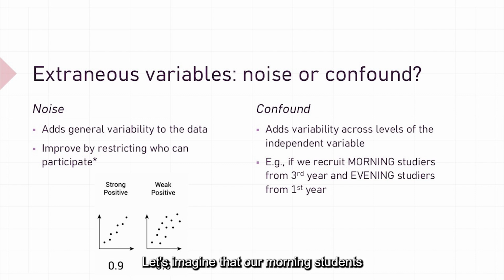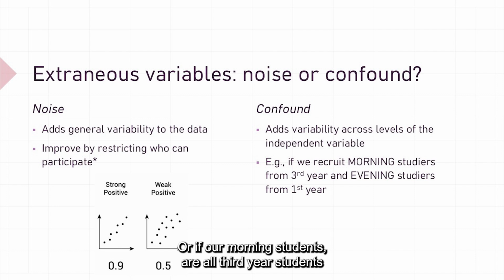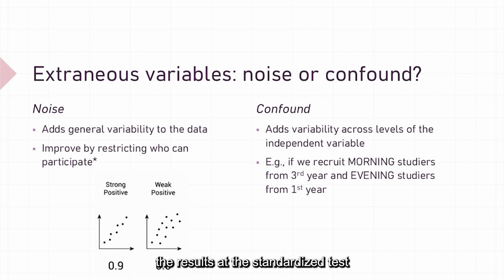Let's imagine that our morning students have a significantly higher IQ level on average than our daytime or evening students. Or if our morning students are all third-year students and our evening students just started their studies, their results on the standardized test or exam can vary a lot between groups.